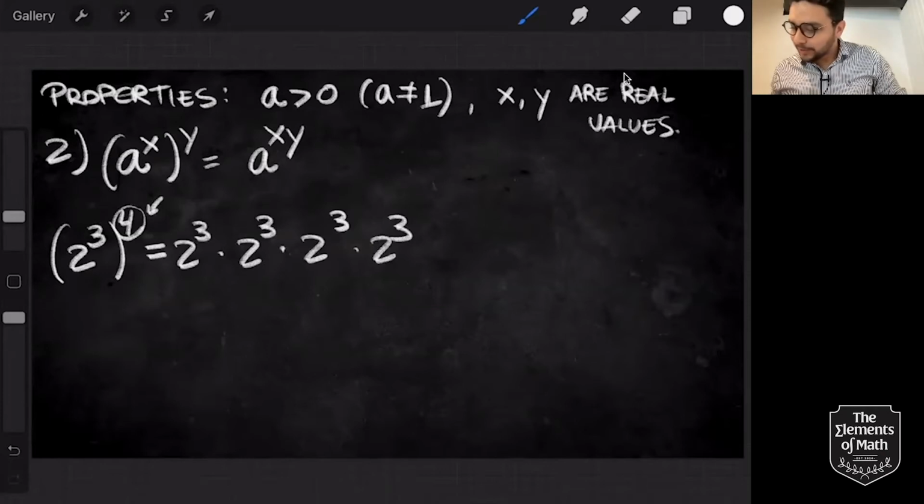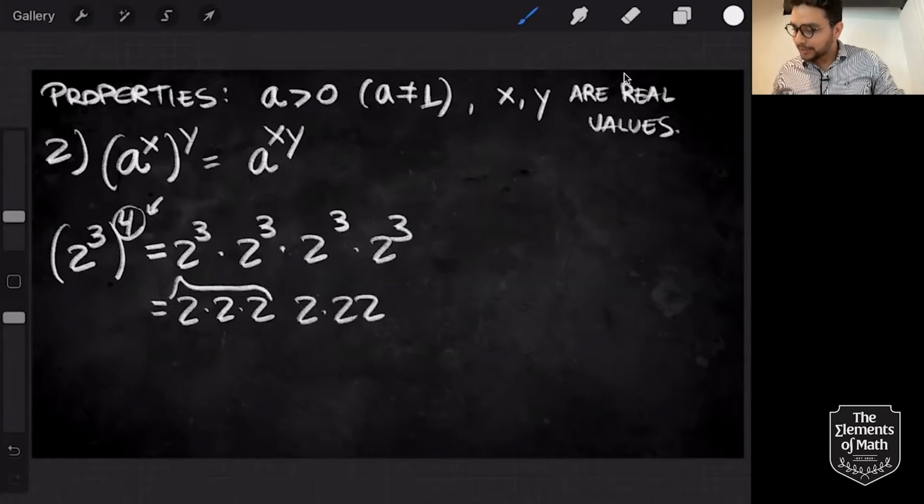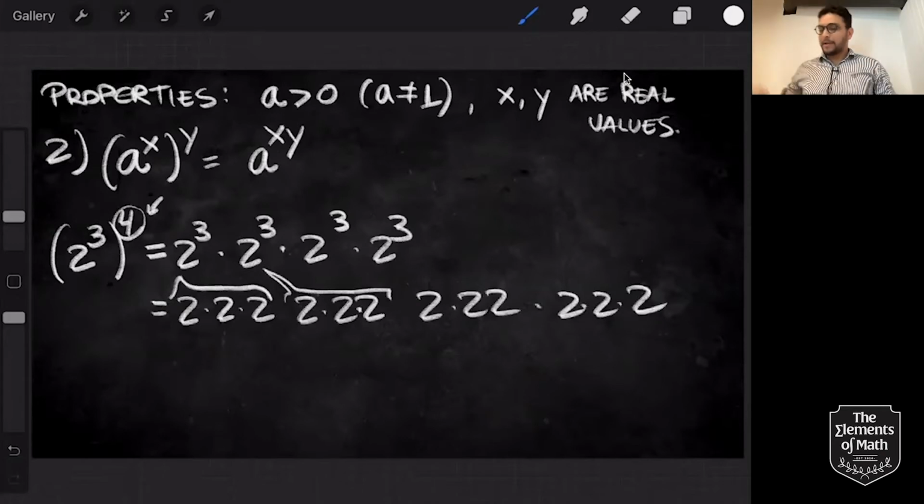Now, take a look closer. 2 to the power 3 is 2 times 2 times 2, but I have to do this 4 times. So this came from there, and I'm also going to have other products from this one, and for the other 2, I'm going to have this, and for the last. Great. So how many times is 2 multiplying by itself? 1, 2, 3, 4, 5, 6, 7, 8, 9, 10, 11, 12.